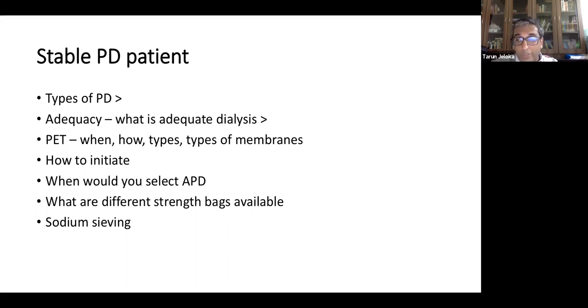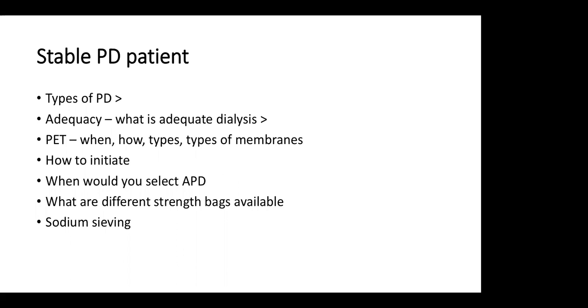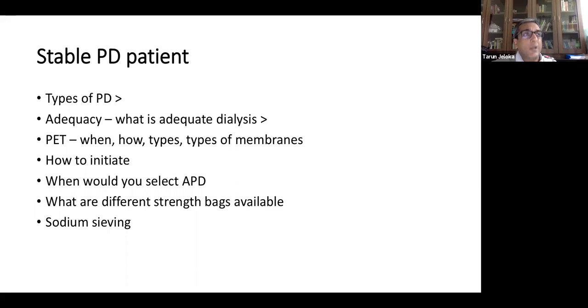So when you are asked how to initiate, you take all these questions into consideration, and roughly you start with, for example, 2.5% bags, 3 exchanges, night dry. And you ask the patient to come back in 5 to 7 days for reassessment. During reassessment, you look at the uremic symptoms and the fluid status.